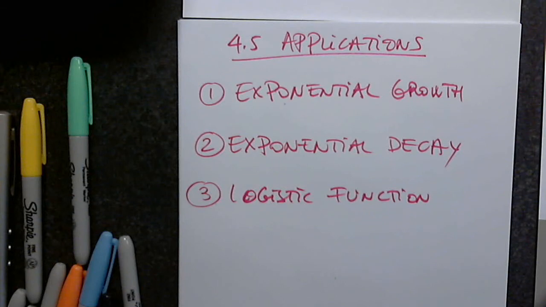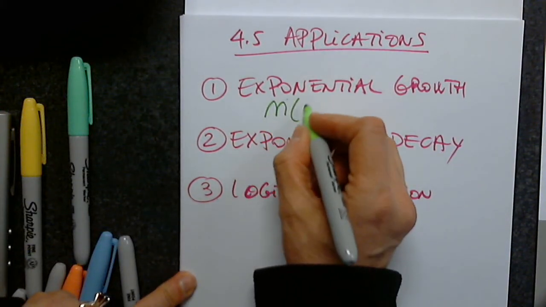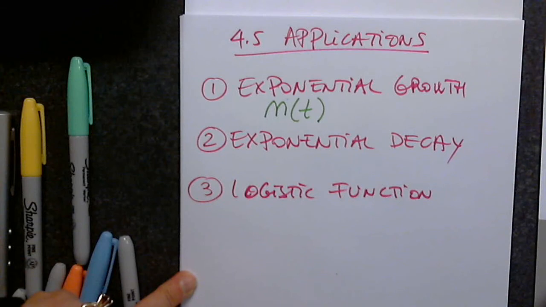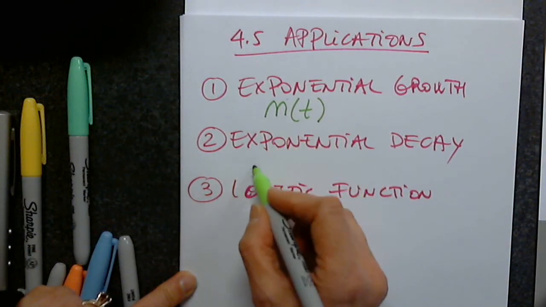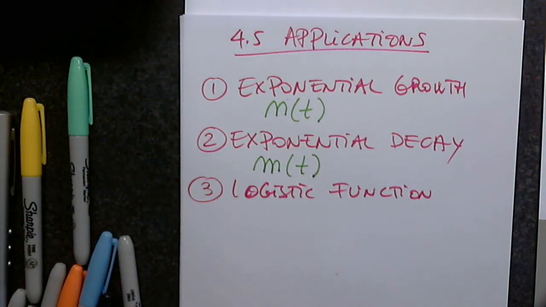Although your book uses the same notation for both, I disagree, but I'm fine using that notation. So this one is N of T because it's number of bacteria, number of mice, number of people, N. And this is M of T, because it talks about mass.